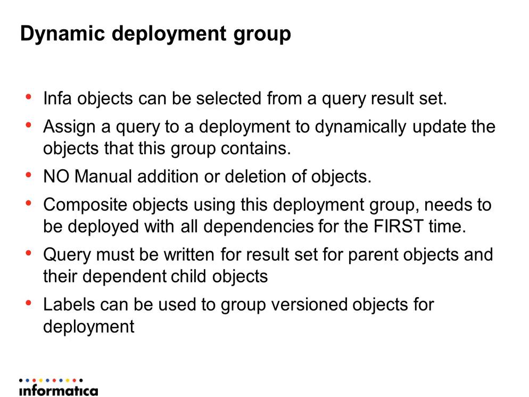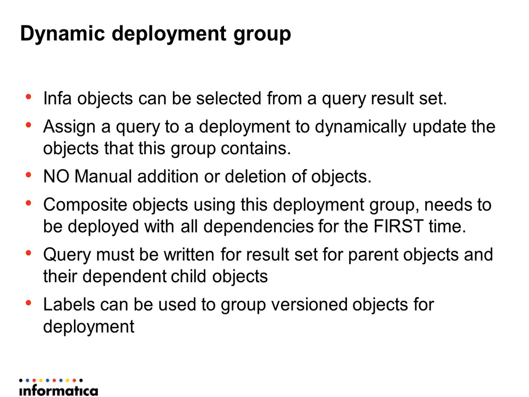There is no manual addition or deletion of objects in this dynamic deployment process. We need to write the query in such a way that the parent objects and their dependent child objects come as a query result set, which would be used as objects inside the deployment group.